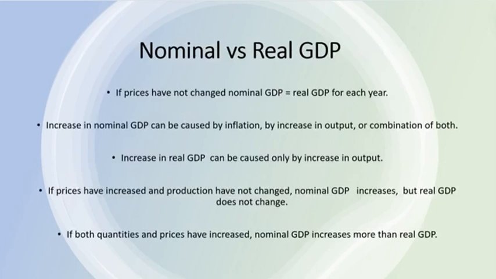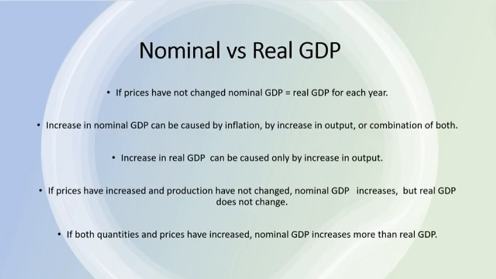Here are a few points to know about nominal and real GDP that you've learned from this previous lesson. If prices have not changed, then the nominal and the real GDP are equal for each year. An increase in the nominal GDP can be caused by inflation, by increase of output, or the combination of both.